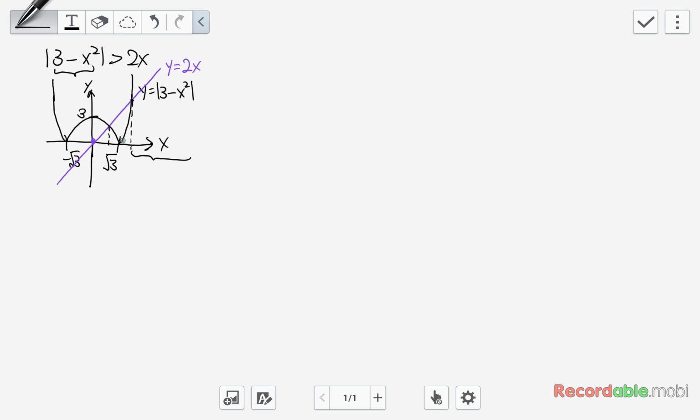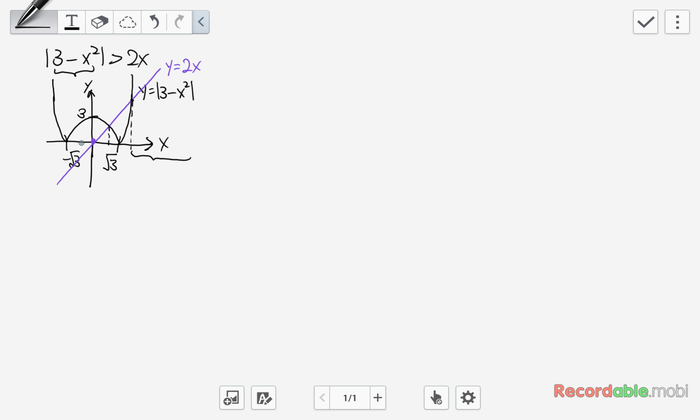Between this value and this value here, my modulus 3 minus x squared graph is below my 2x graph. That means the y values of this modulus 3 minus x squared graph are smaller than the y values of this 2x graph. So we do not want the x values for this part.